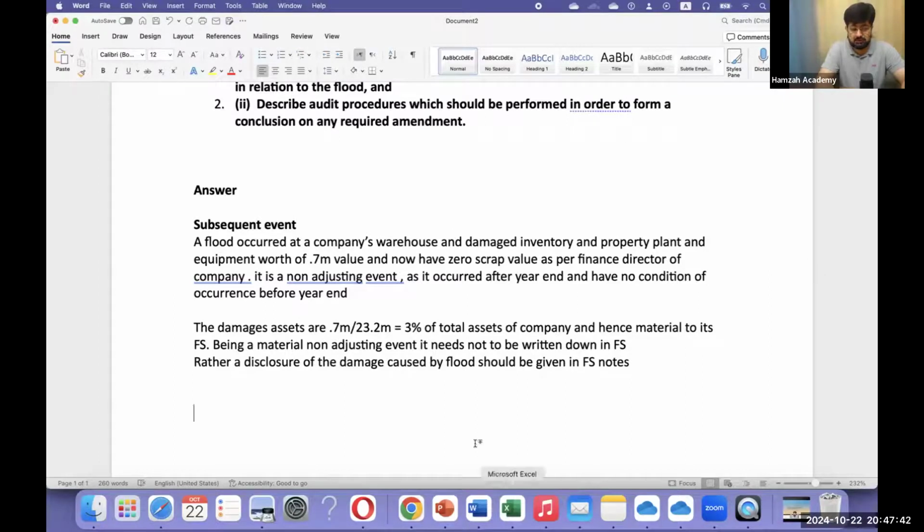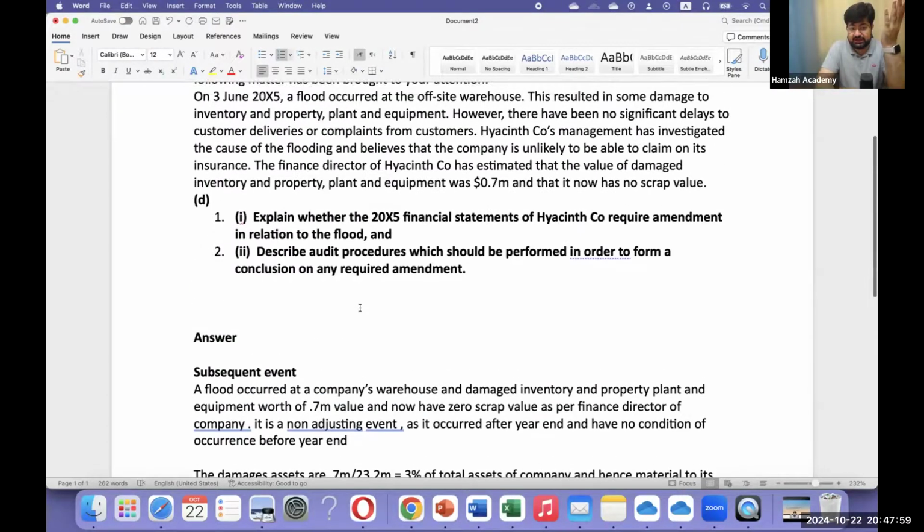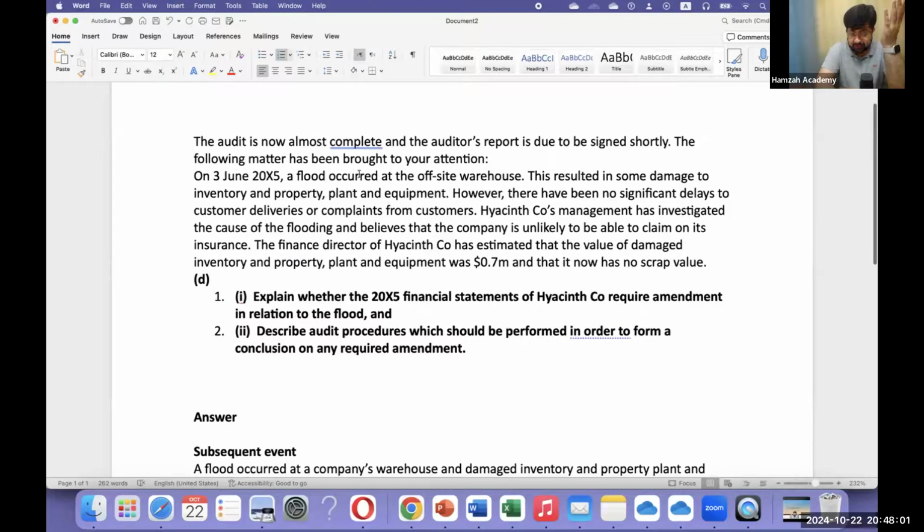Now, audit procedures related to this event. Three procedures are required. First of all, they have said inventory and plant and equipment. Management has prepared some loss.